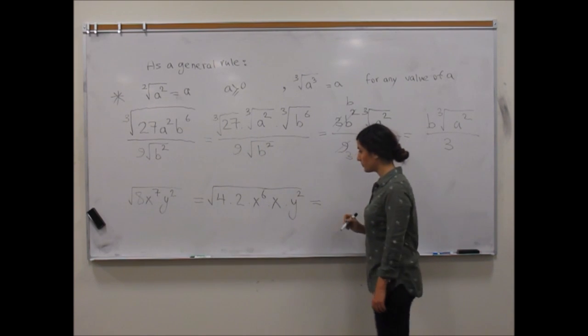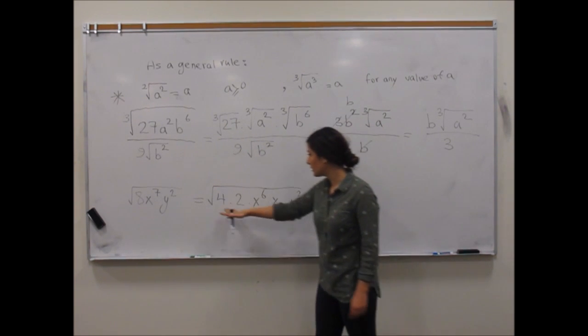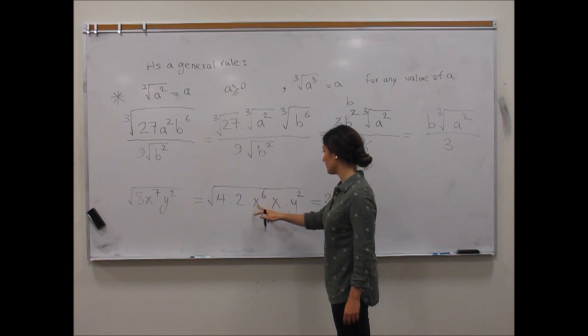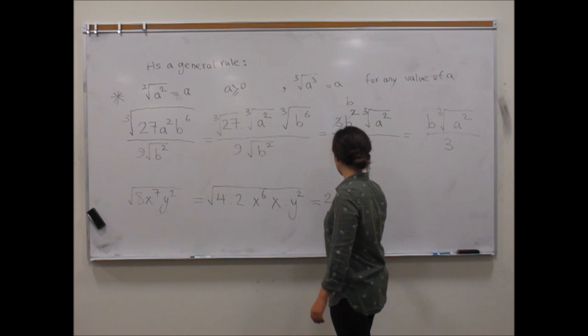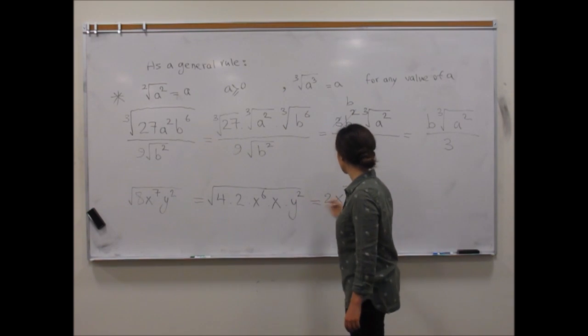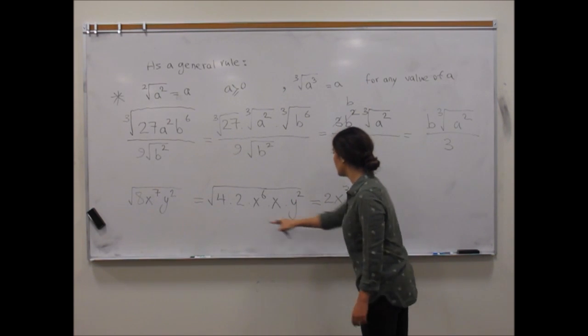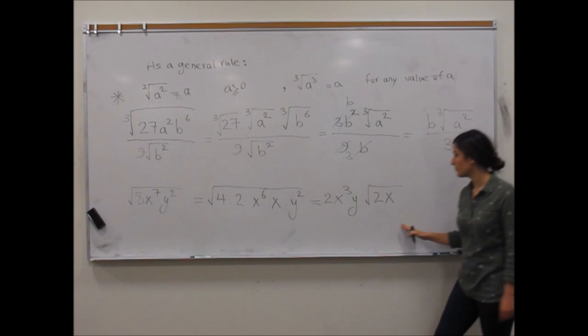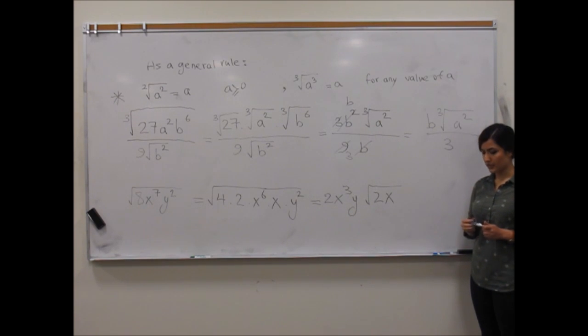And then the things that come out of the radical: for this 4 I get 2. For this x to the 6th I get x cubed, and for this one I get just y. And then this 2 and this x are all in the radical. So this is it for this example.